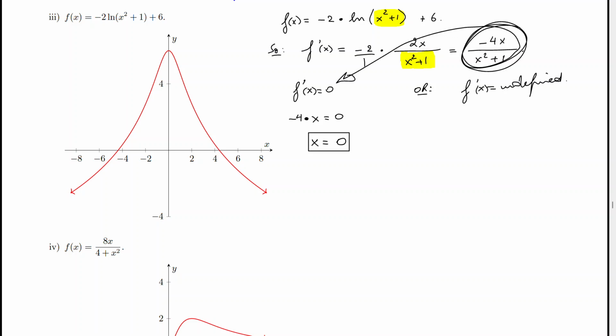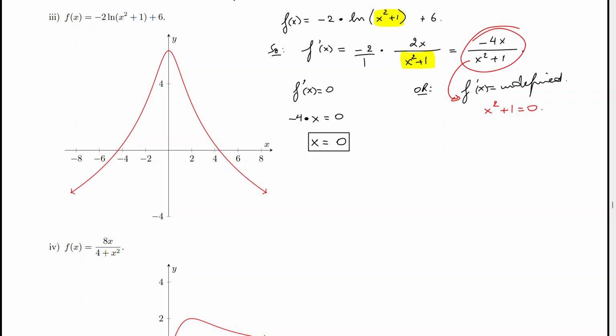Now, what about the second half of this problem? What makes the derivative undefined? What makes this fraction undefined? So usually what we would have to do is write down that x squared plus 1 is equal to 0, meaning the denominator of the fraction has to be 0, because any number divided by 0 will become undefined.